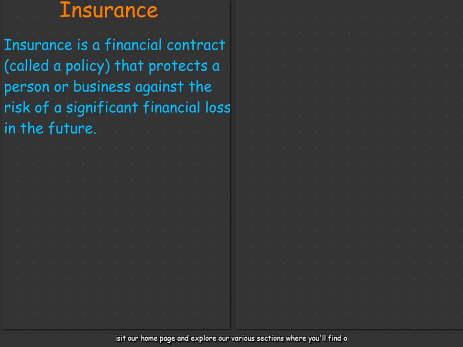In return, the company agrees to pay a large amount of money. We call that the claim. So that is the amount of money they would give you if a specified bad event occurs, for example, a car accident, a house fire, or even the death of an insured person.